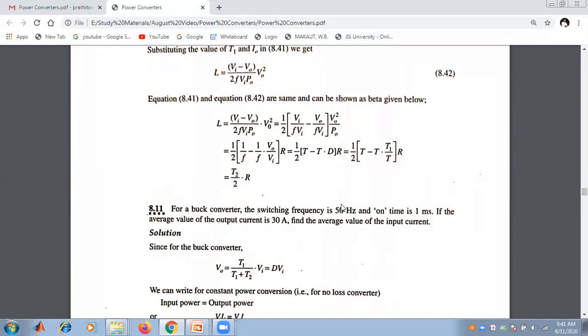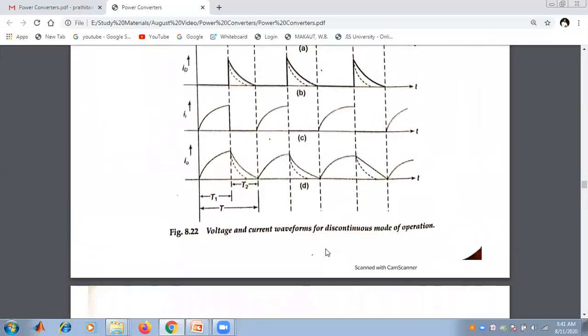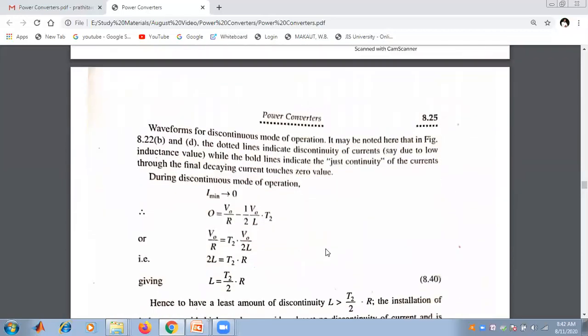But for the discontinuous mode of operation, if the inductor value is lesser, the output current will increase from 0 to its maximum value when the switch is on, but it comes back to its zero value when the switch is off, because the value of the inductor is lesser, and the cycle will repeat.